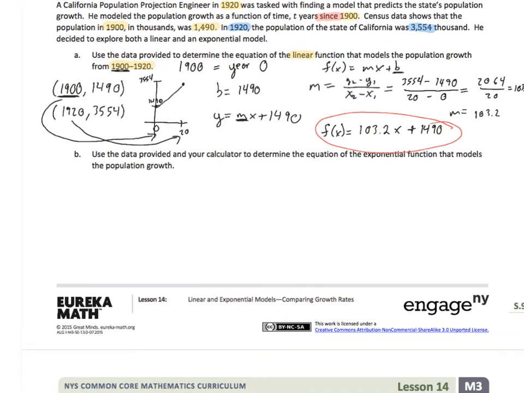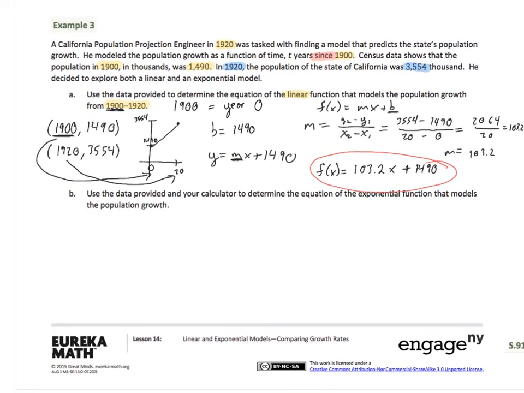Now let's go ahead and move on down here to the exponential model. So use the data provided in your calculator to determine the equation of the exponential function that models the population growth. Well, perfect. That's easy to do. G of x equals ab to the x, which in other words is y equals ab to the x.